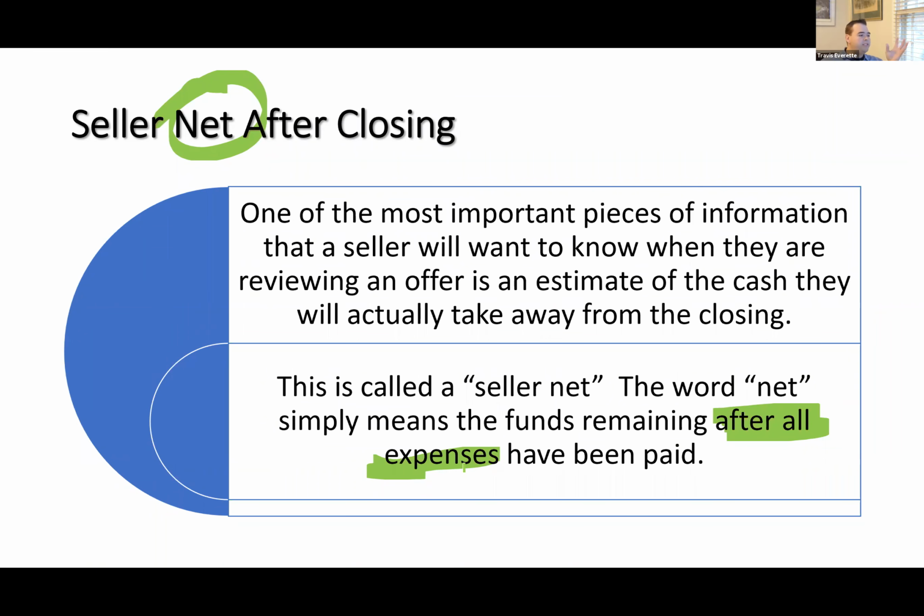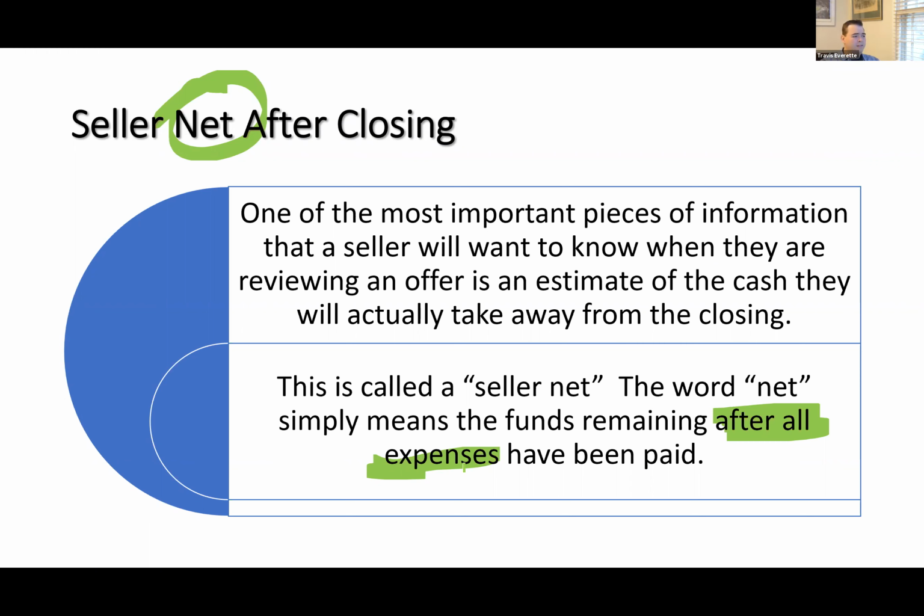So when sellers go to closing, very rarely do they just walk out with a check for the full amount of the sales price. It would be wonderful for them if it worked that way, but it doesn't. And it might be wonderful for them, but it would suck for us because we wouldn't be getting paid. They're paying us. And the last thing we want to do is give them all the money and then try to collect the money from them.